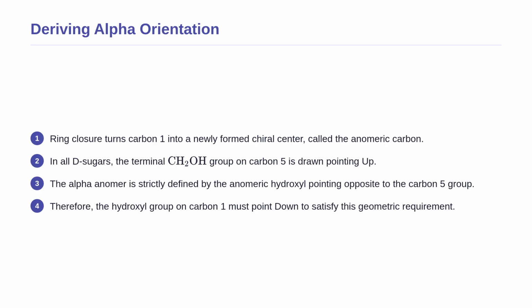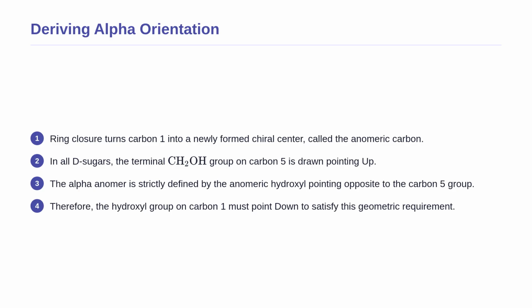Now that we have used this rule to draw the alpha anomer, let us understand the logical reasoning behind that final step. When the linear sugar curls into a ring, carbon 1 becomes a newly formed chiral center, known as the anomeric carbon. In D sugars, the terminal CH2OH group on carbon 5 always points up.